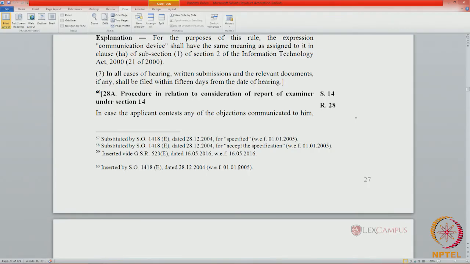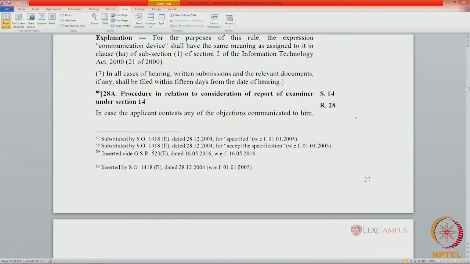So, these are the two instances where the controller can call for a hearing. So, the examiner's report has something adverse in it, or it requires an amendment, then the controller can call for a hearing.